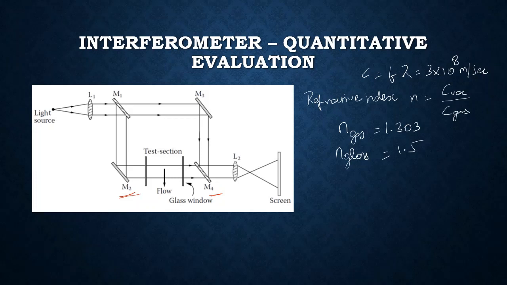In order to find that density, we are using the relation called the Gladstone-Dale relation. The scientist Gladstone was a British chemist, and Dale, that is Henry Dale, was not a chemist, he was a British physiologist.